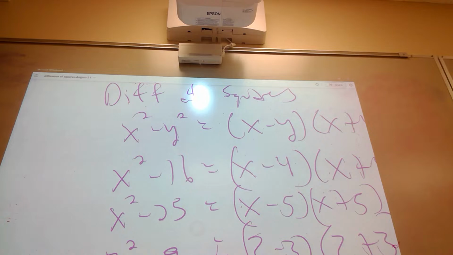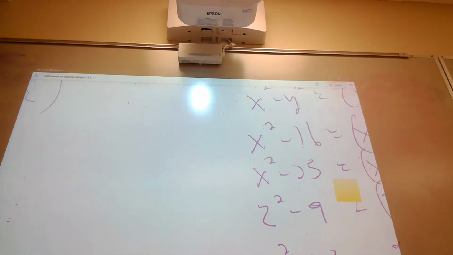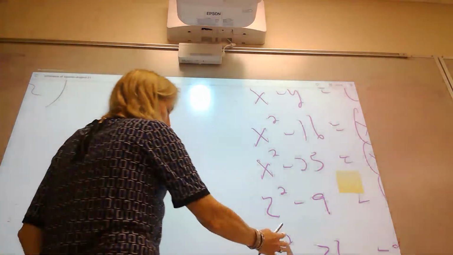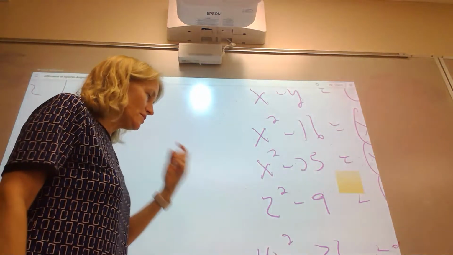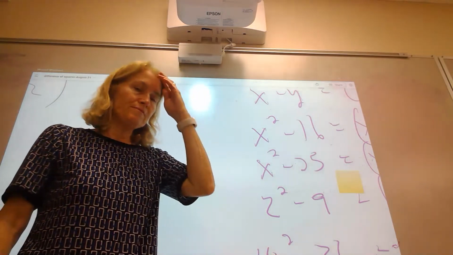All right? Now we're going to go to the next one. So the square root of 9 was 3. 4y squared minus 36. Okay, now I think you know how to take the square root of 36 and the square root of y squared. When you have a constant and a variable, you take the square root of the constant and the square root of the variable.